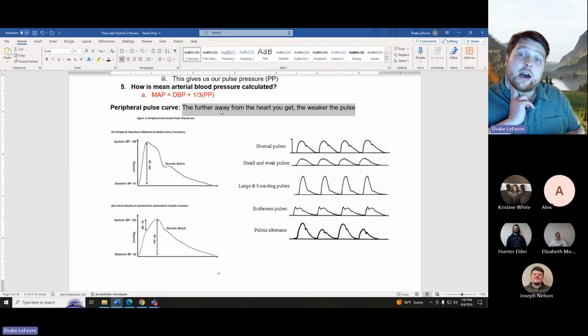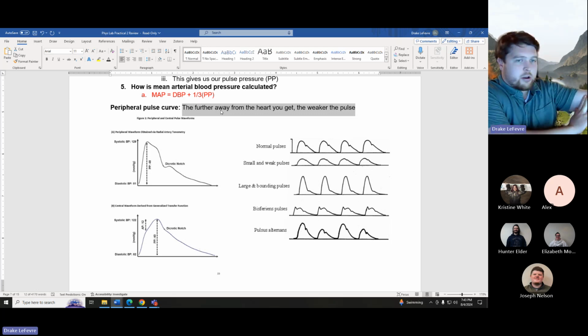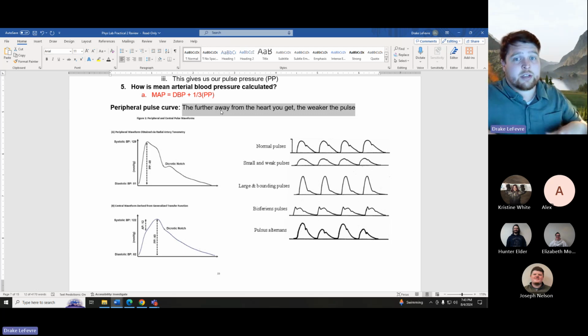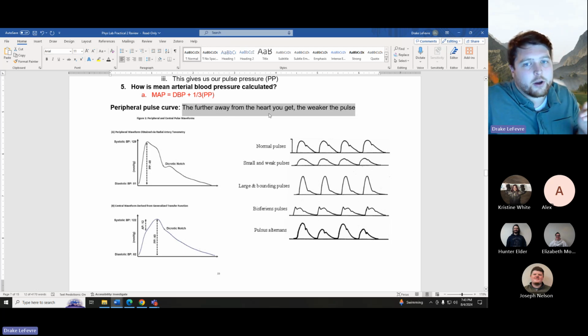If you palpate the carotid, it's a very strong pulse, easy to feel. Palpate the axillary pulse, it's a little bit not quite as strong as the carotid. You can palpate the brachial pulse and the radial pulse. Same thing as you go down the body: the femoral pulse, the posterior tibial pulse, and then the dorsalis pedis, which is on the top of your foot.